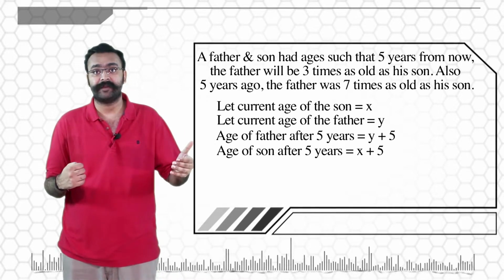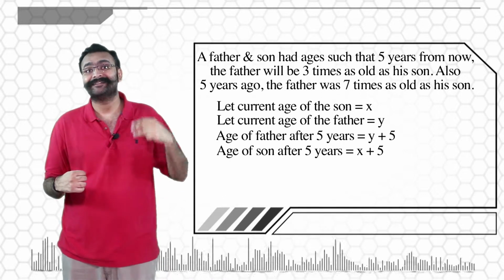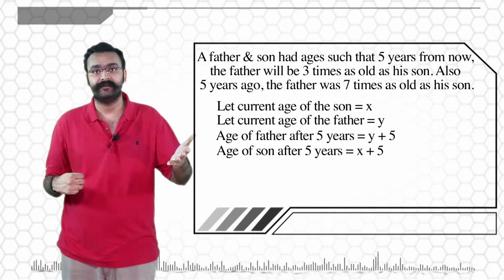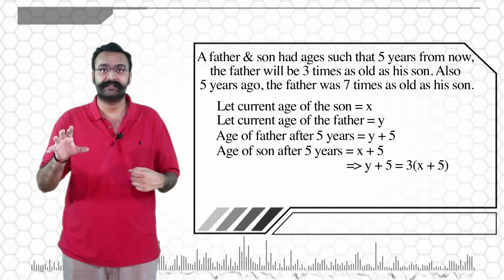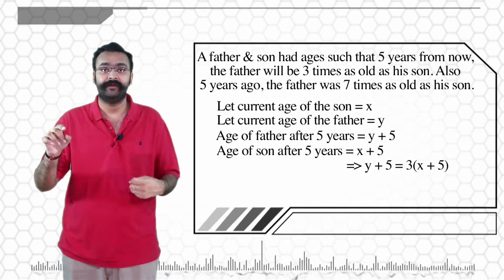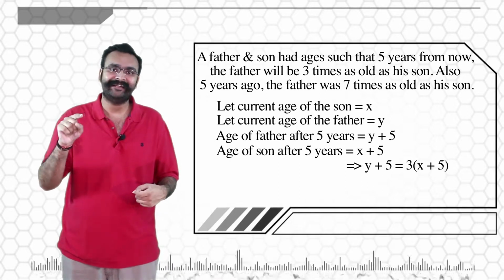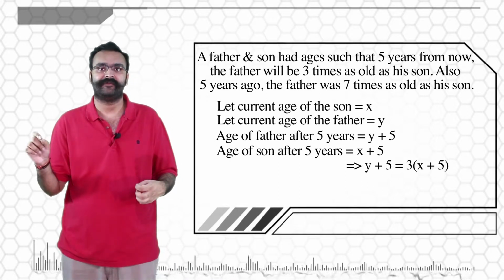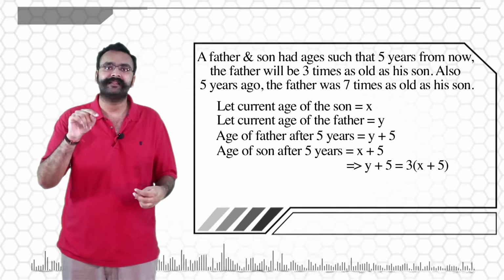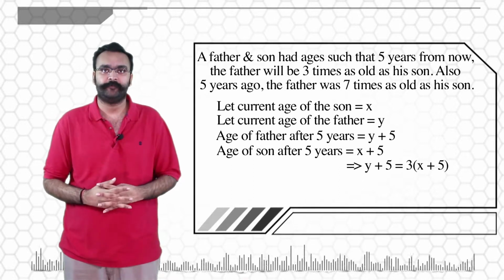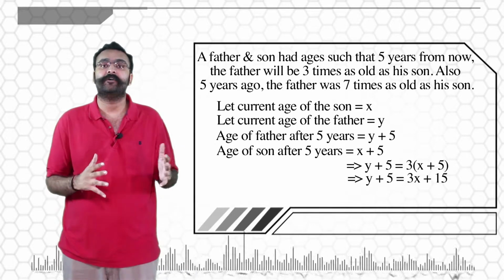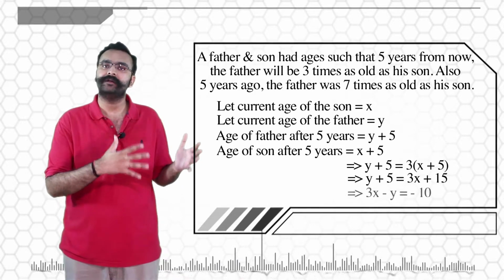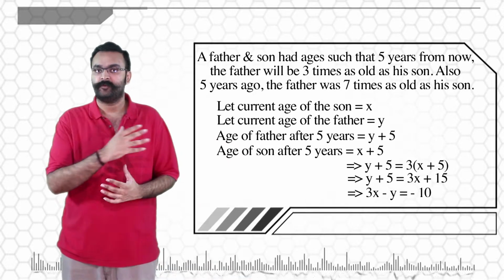That 5 years from now, the father will be thrice as old as his son. Which means Y plus 5, father's age, 5 years from now, is equal to 3 times X plus 5, 3 times son's age 5 years from now. And like always, we open it up, shift around appropriately to come to a linear equation, which we can see here.